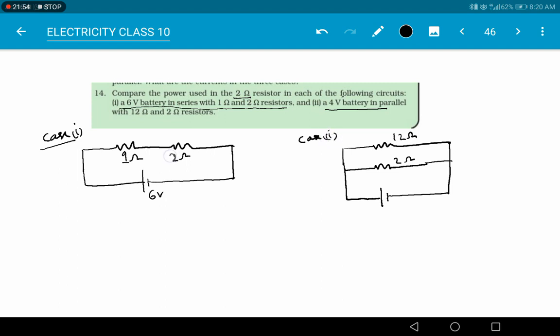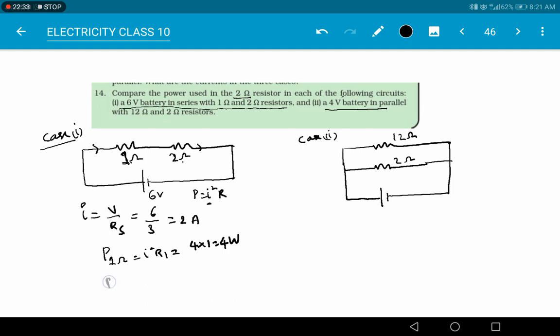So power consumed in series, we can use P equals I square R. That means we should know the value of the current in the circuit. So current in the circuit I is equal to V by R in series. So 6 by 3, because R1 plus R2 is 3. So 2 ampere is the current. The same current is flowing through the 1 ohm resistor and the 2 ohm resistor. Therefore, power consumed by the 1 ohm resistor is I square into R1, 4 into 1, 4 watt.